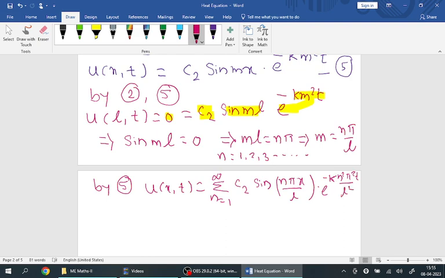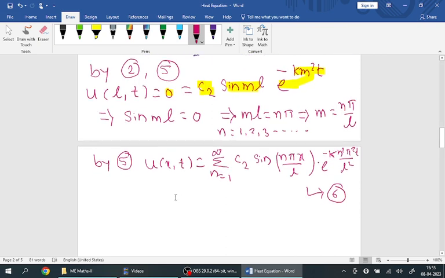So this is equation 6, which is our general solution.